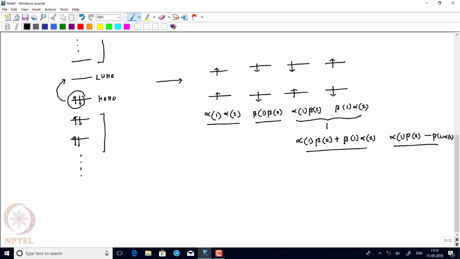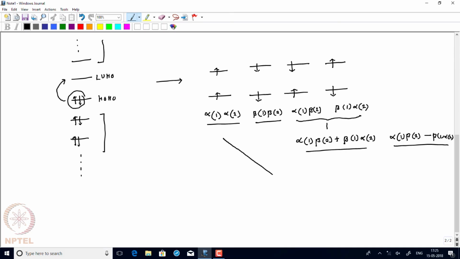However, if I change the electron 1 and 2 here, originally the wave function is alpha 1 beta 2 minus beta 1 alpha 2, and this time it will become alpha 2 beta 1 minus beta 2 alpha 1, which is the negative of the original wave function. So this is an antisymmetric combination.